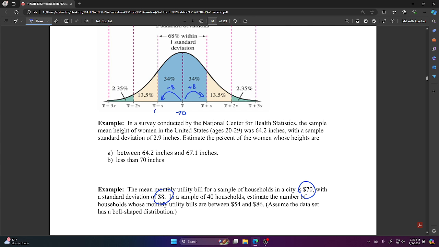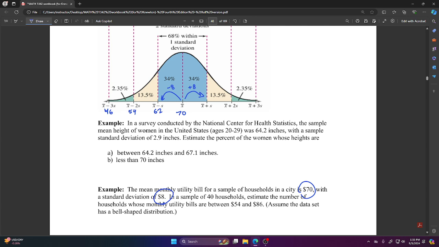Is it 60, 62? Yeah, and then 54? Is it 54? 40, 54, okay, and then 40, is it 46? 46, okay, cool.